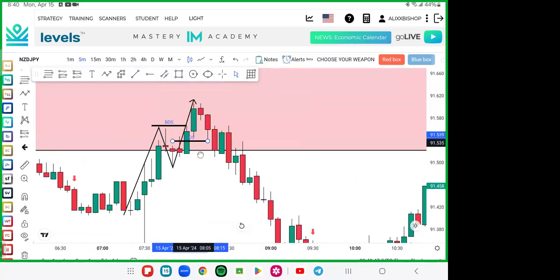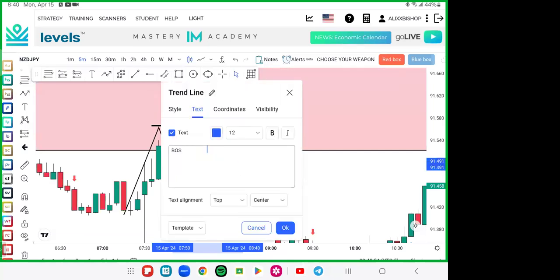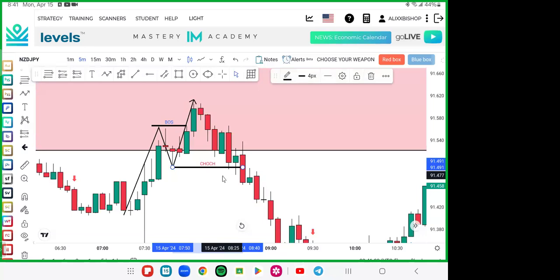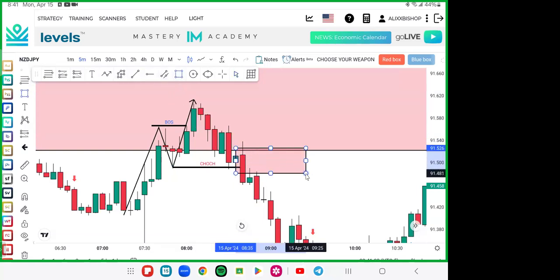Boom, and then we got our change of character right here. So I have two opportunities right here. Notice how this red candle broke structure, so this green candle would be my starting point right there.